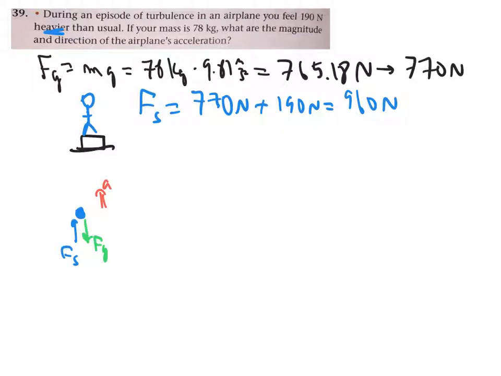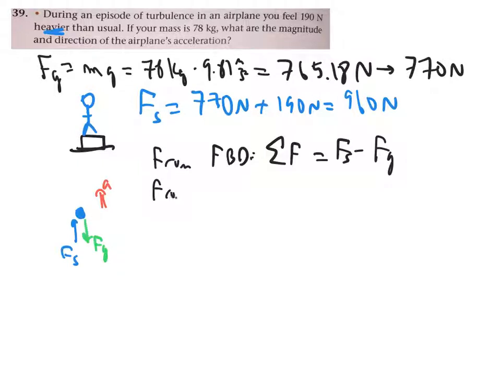And what we have here is we say from our diagram, the sum of the forces is Fs minus Fg, and from Newton's second law, the sum of the forces is ma, which tells us that Fs minus Fg is the mass times the acceleration.